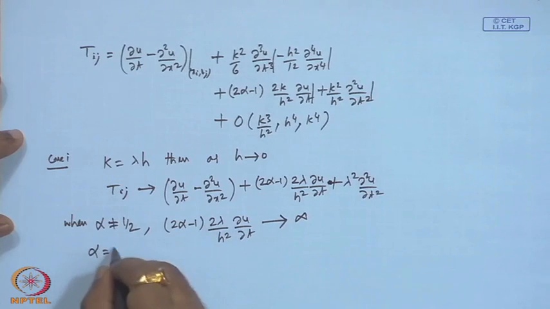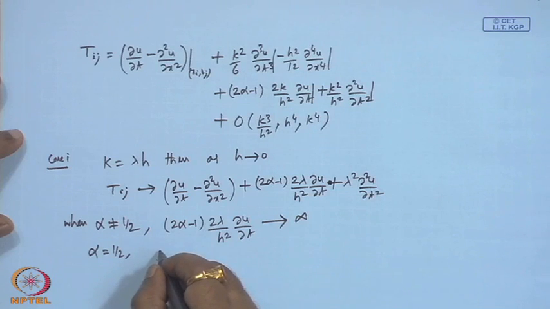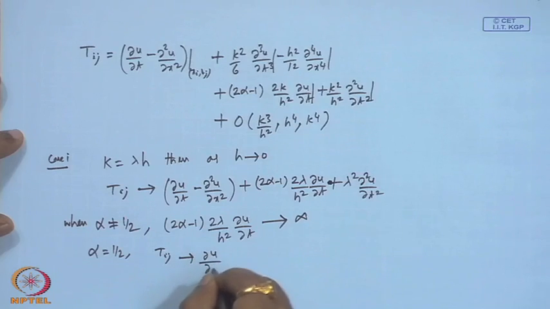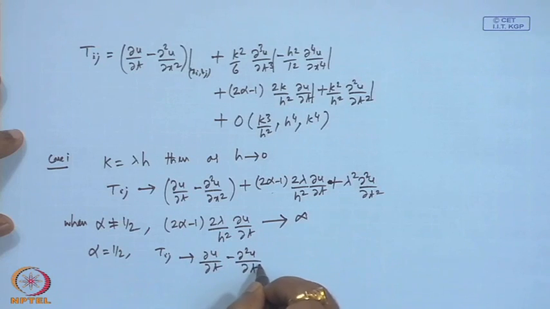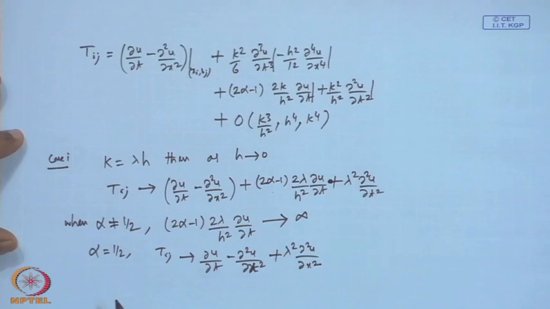Then when alpha is half, T i j goes to, so this term goes to 0. So, the non 0 terms, this is x square plus lambda square, okay. So, therefore, this is t square, okay.